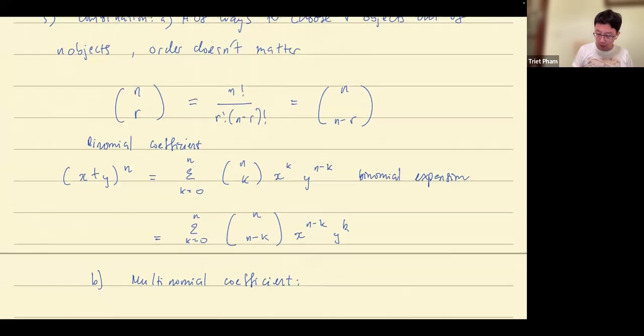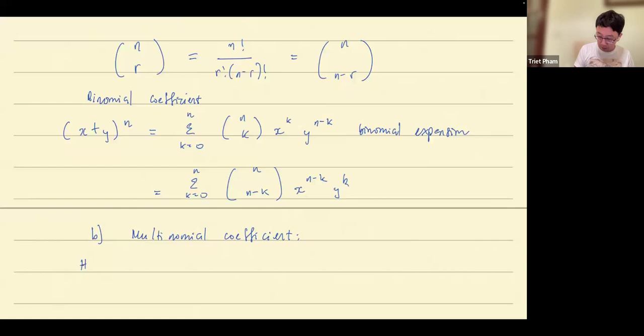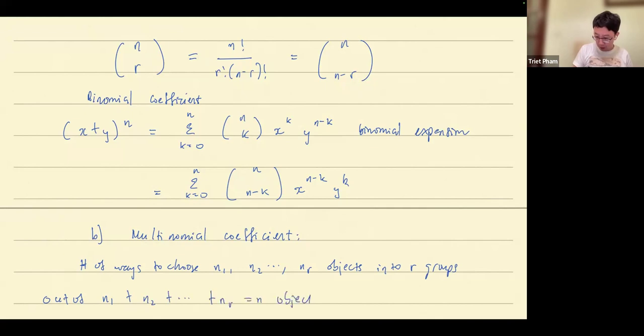So this is exactly the number of ways to choose n1, n2, etc., and nr objects into R groups, out of n1 plus n2 plus nr, which is n objects. And so the binomial coefficient is when R equals 2.